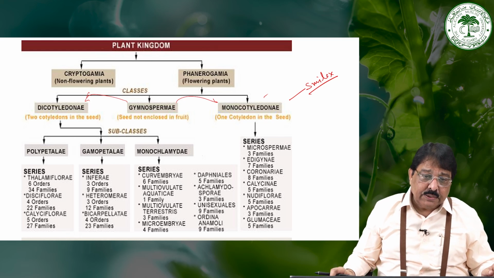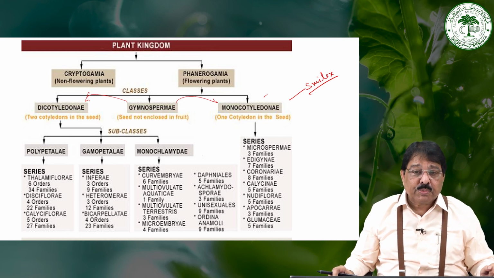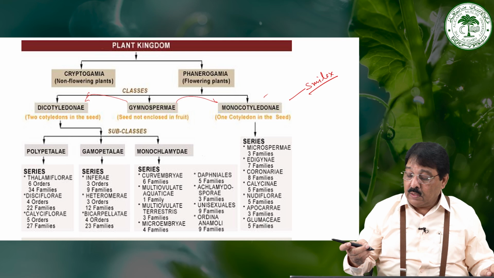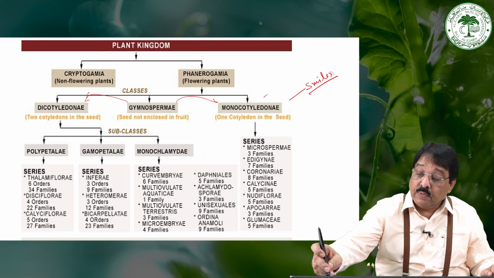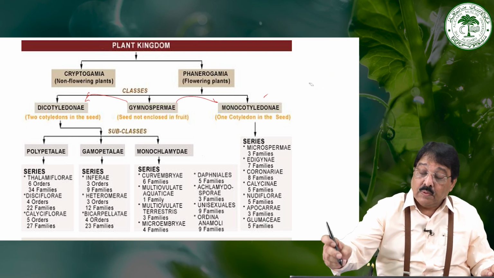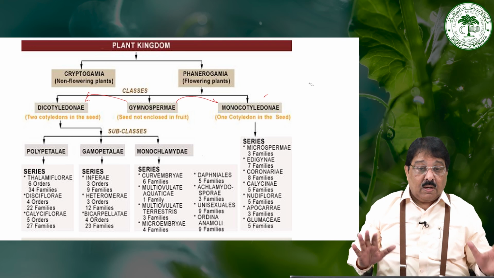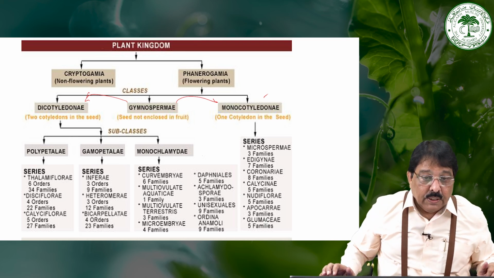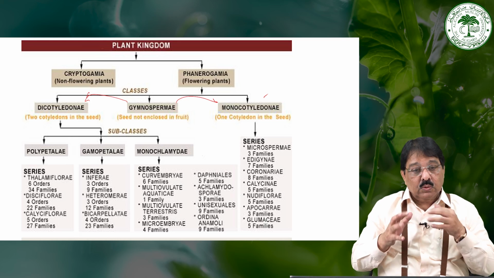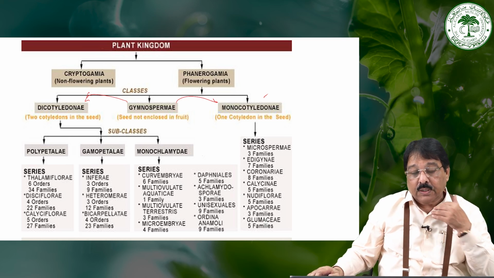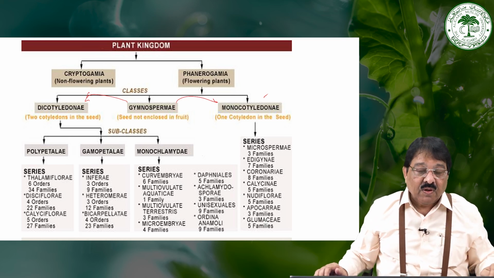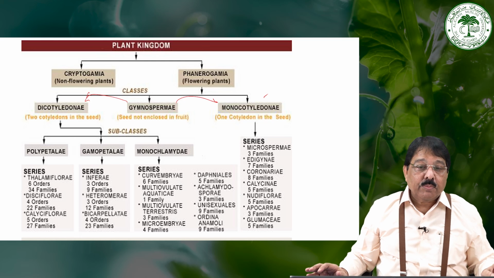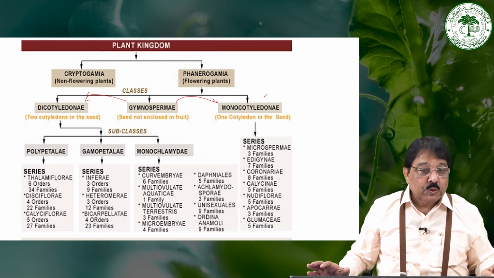In case of the calyciflorae, the thalamus would be of cup shape. Thalamus will be of cup shape. In case of the thalamiflorae, the thalamus would be flat and the flower would be hypogynous, the ovary will be superior.